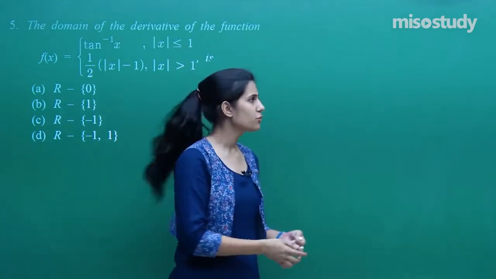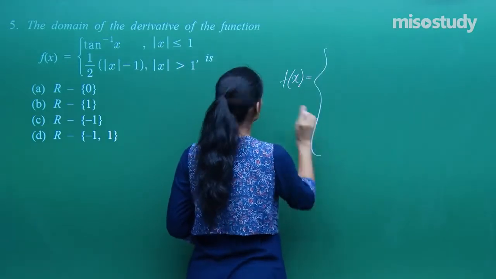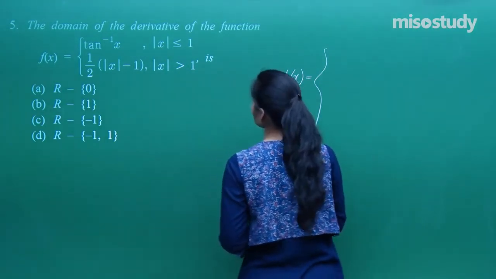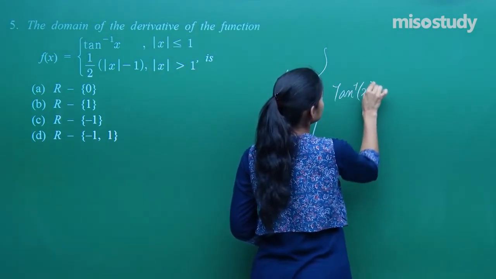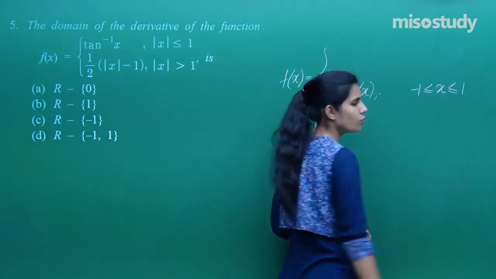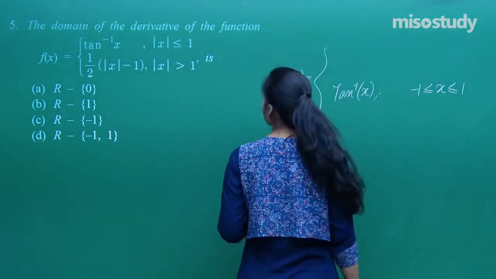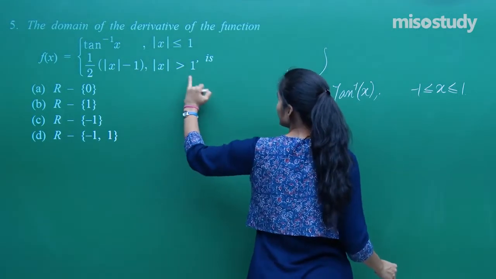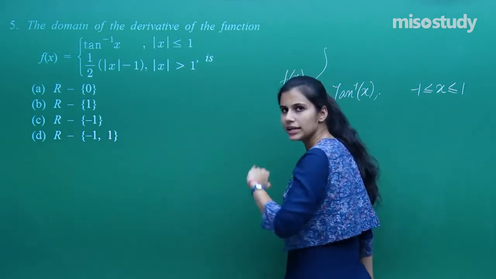So you have f of x equals what? Let's see. So you have tan inverse x when mod x is less than equal to 1, which means when x is lying between minus 1 and 1. Only then mod x is less than equal to 1. Then you have when mod x is greater than 1, that means x is strictly less than minus 1 or x is strictly greater than 1.